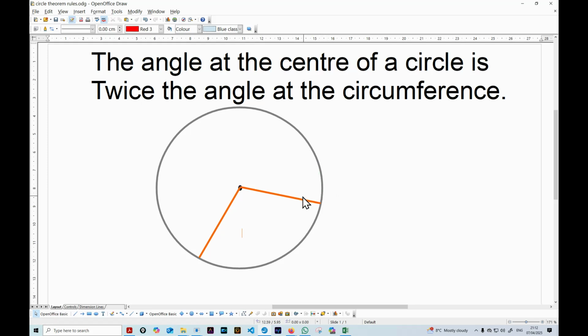Same rule, but it's special. Let me look at this now. This chord, I said 2 points. A chord going through the center of the circle is called a diameter.